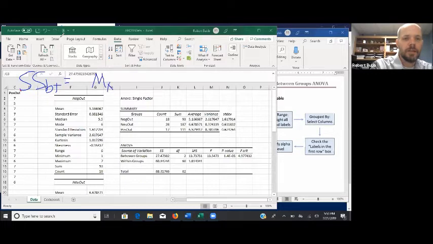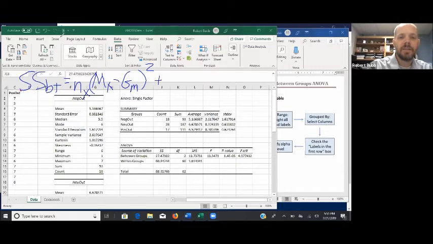I'll call the first one X, minus the overall mean of all the values in our data set, squared, and then multiplied by the sample size of that group X, or the very first group. So notice that becomes a sum of squares to get squared values, and then we multiply it by the number of observations within that particular group.